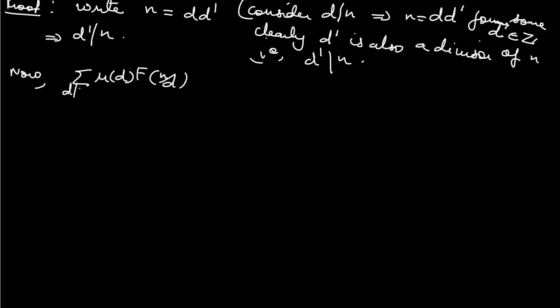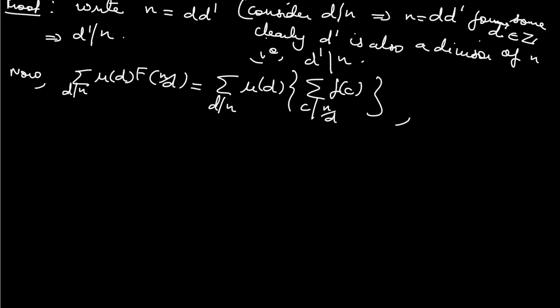I have to show that this is equal to f of n. So let me consider the right hand side. Now the summation of mu of d into capital F of n by d, where d runs over the divisors of n, is equal to the summation of mu of d into the summation of f of c, where c runs over the divisors of n by d.